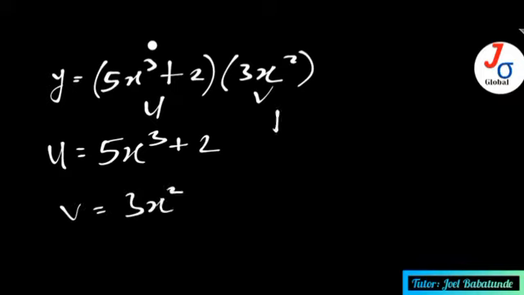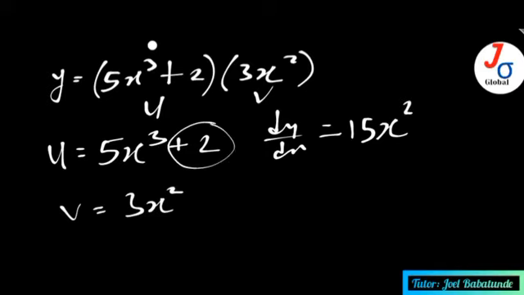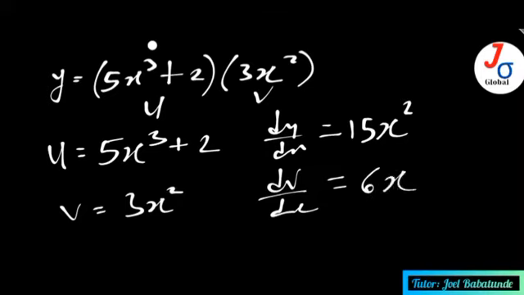So I'll find the derivative of this function. du/dx becomes 3 times 5 is actually 15, then x to the power 3 minus 1, you have 15x squared. Then the derivative of 2 is 0, so I don't need to write that. Then dv/dx becomes 2 times 3 is 6x, then minus 1 is just 1, so I don't need to write that again.